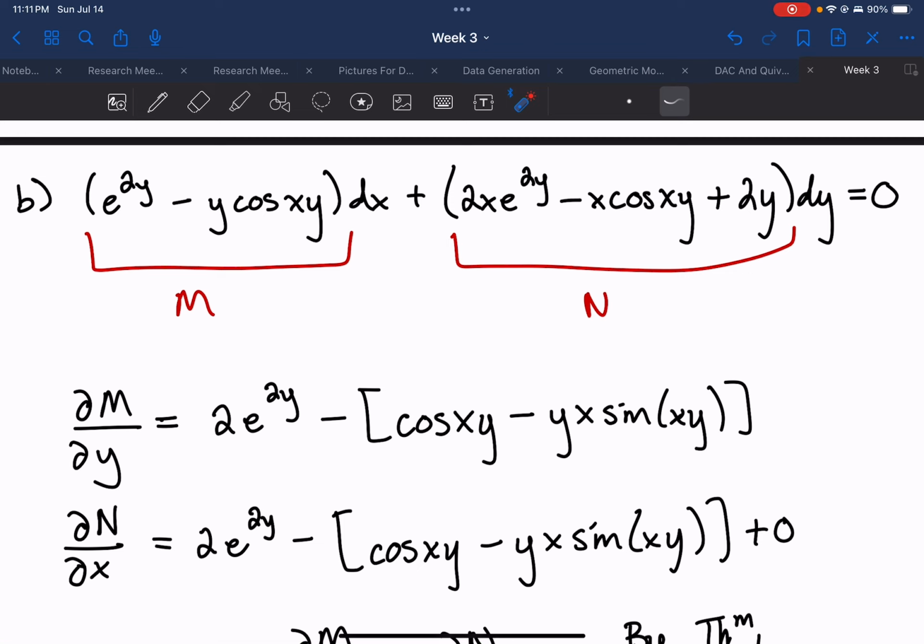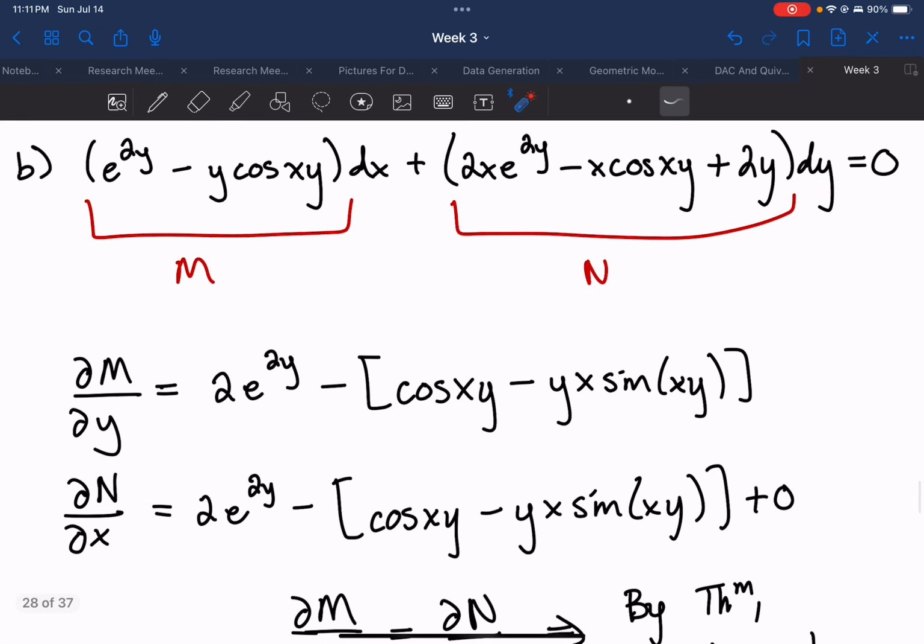Well, in order to see if it's exact, we just have to check that the cross partials are equal, right? Since this is in front of dx, I'm going to take the derivative of this with respect to y. And since this is in front of dy, I'm going to take the derivative of this with respect to x. If you take the derivative of this with respect to y, you get 2e to the 2y.